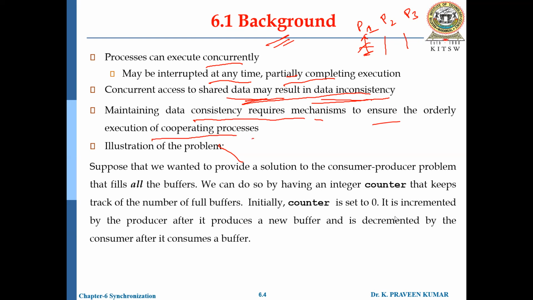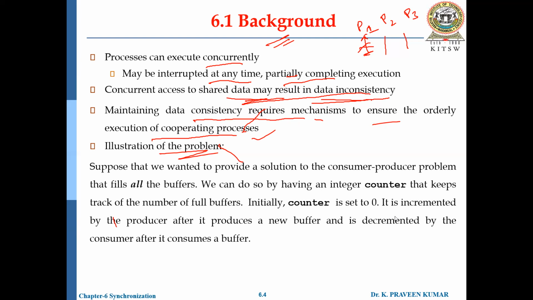So that is the reason there must be synchronization, or there must be cooperation from one process to another process. Let us see an example illustration of the problem. Suppose that we wanted to provide a solution to the producer-consumer problem, which we have already discussed in the previous chapters, that fills all the buffers. We can do it by having an integer counter that keeps track of the number of full buffers.